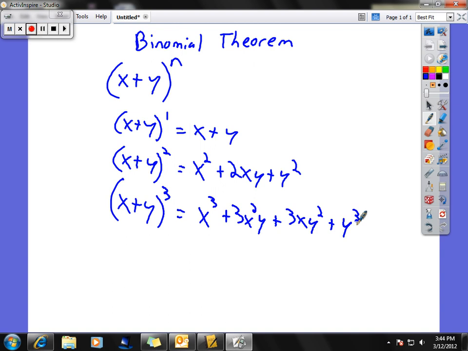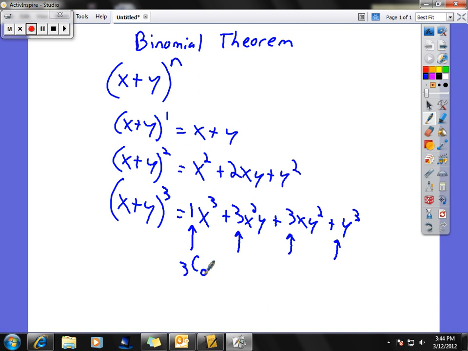Okay? So there's two ways. First way that we're going to talk about is each of these coefficients right here, like this one, and this one, and this one, and this one. Okay? The coefficients of each term. Well, this is a 1 right here. This is really a 1, right? Because there's no coefficient there. That's a 1. Well, that happens to be 3c0.